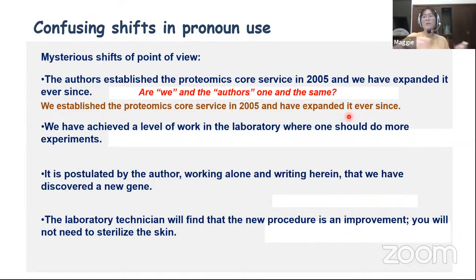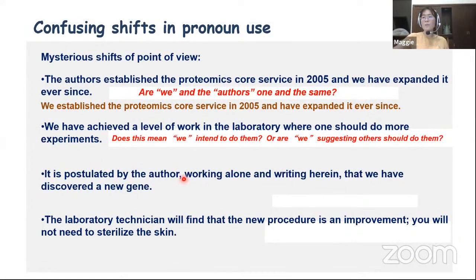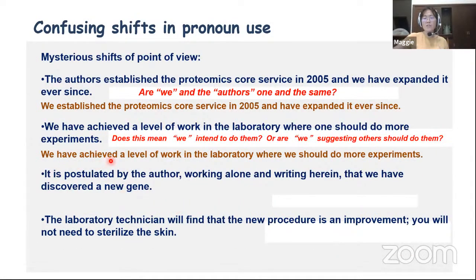And the next one: we have achieved a level of work in the laboratory where one should do more experiments. So we and one. Does this mean we intended to do them, or are we suggesting others should do them? So revise it: we have achieved a level of work in the lab where we should do more experiments.